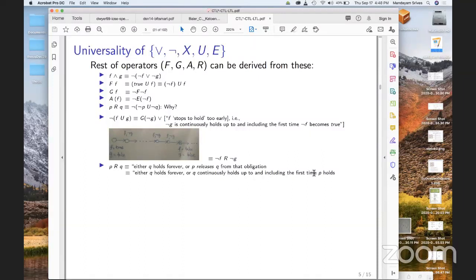So that's why not of F until G is not F or not G. And that's why P R Q is equal to not of P until not of Q. It's not that you cannot express this without R. You can actually express it in this fashion, with the second part of this disjunction as something like this.